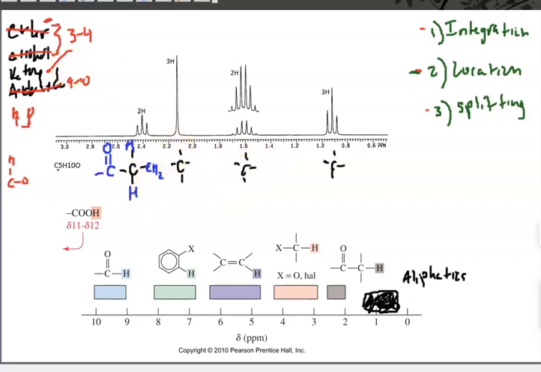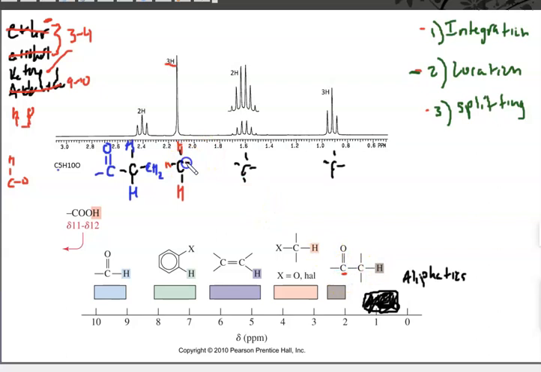The next one, I'll do this in red. This is 3 hydrogens. So 1, 2, 3. And it's next door to 0 hydrogens. Okay, so it's next door to 0 hydrogens, but it's at this 2.2 range, 2.1, which means it must be next door to the carbonyl.